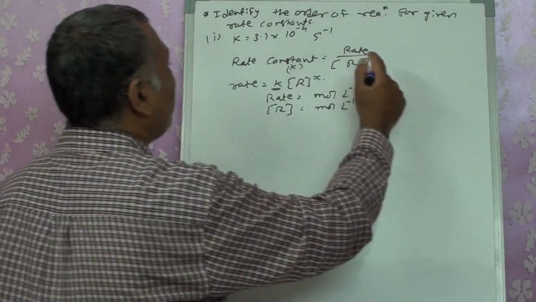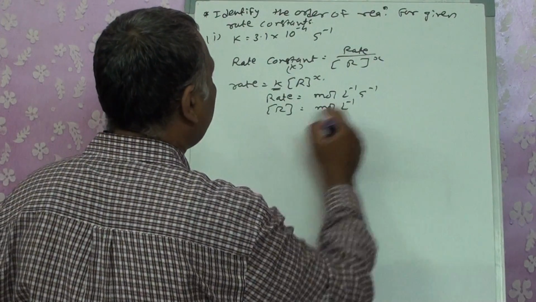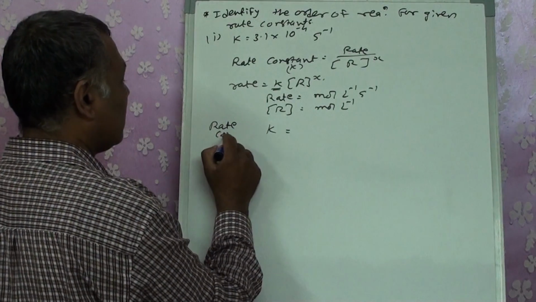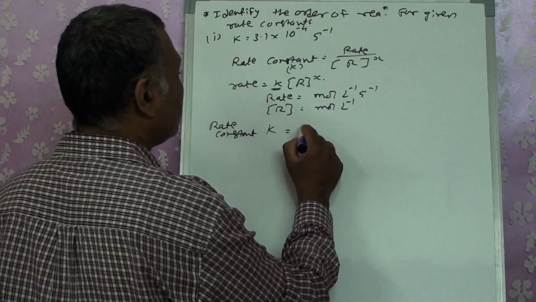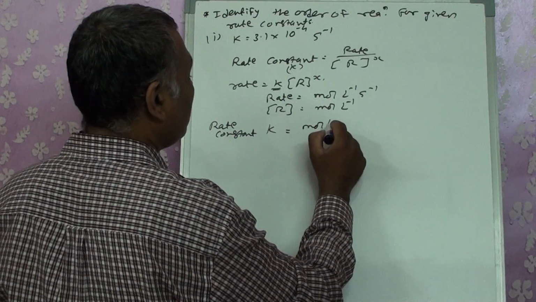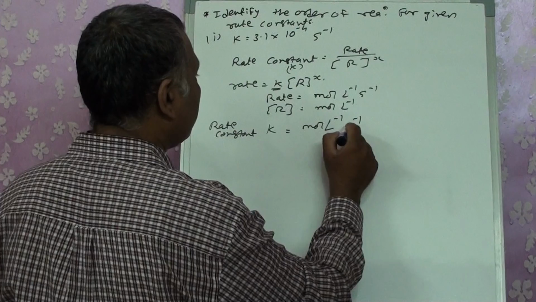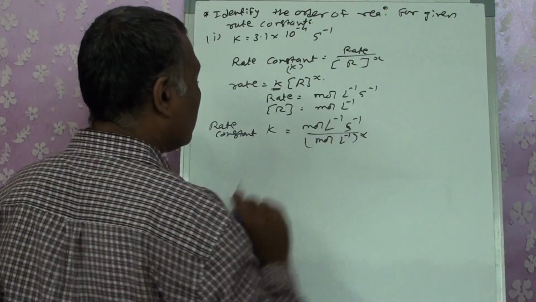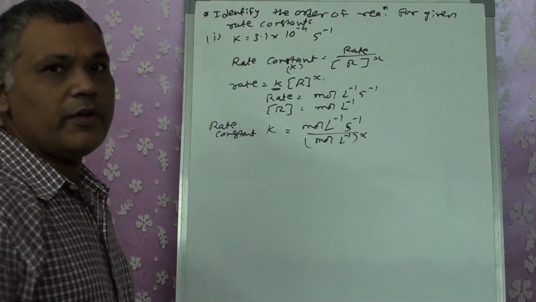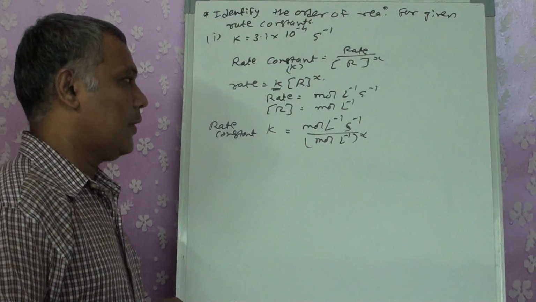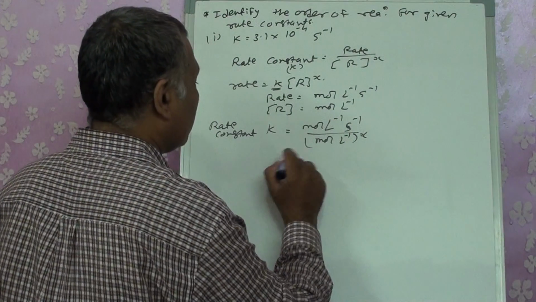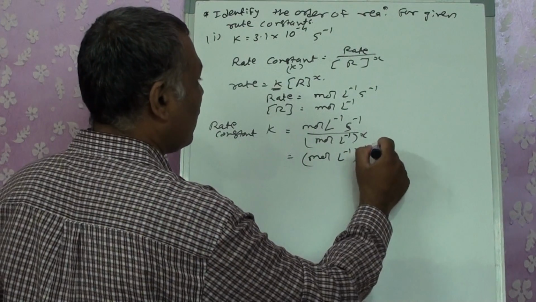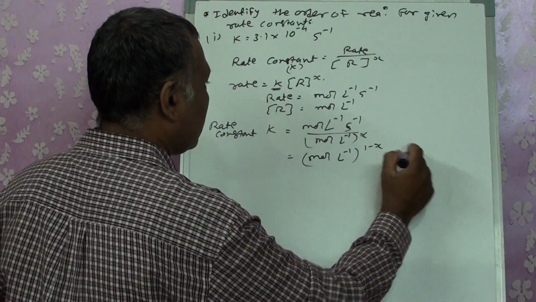So if we substitute the values in the given equation, K, that is the rate constant, is equal to mole liter inverse second inverse upon mole liter inverse raised to X, or whatever is the order of reaction. Substituting it, we get mole liter inverse raised to 1 minus X, second inverse.